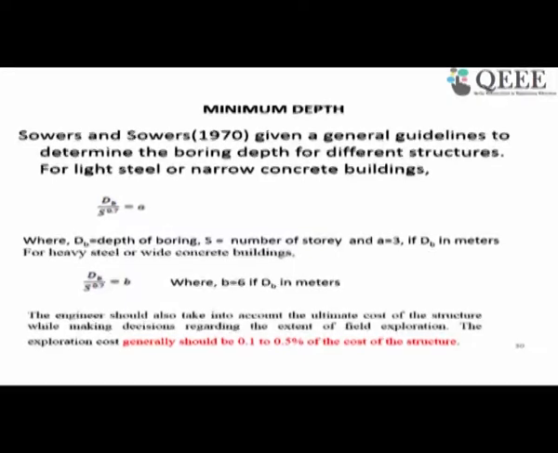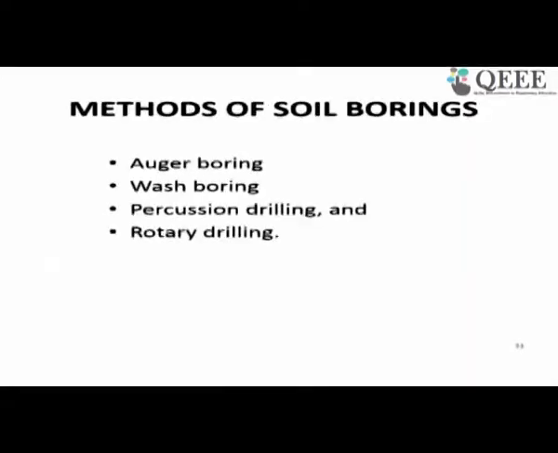Okay, so usually the cost varies. On average it will be 0.1 to 0.5%, and accordingly your investigation may be adopted. Now, this was about the boring depth and the boring spacing.